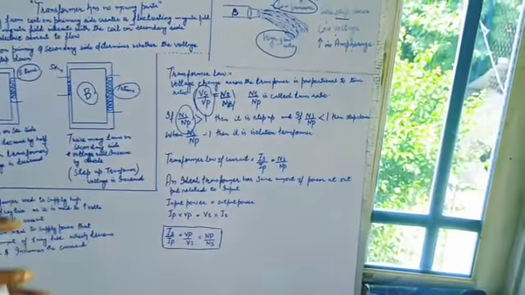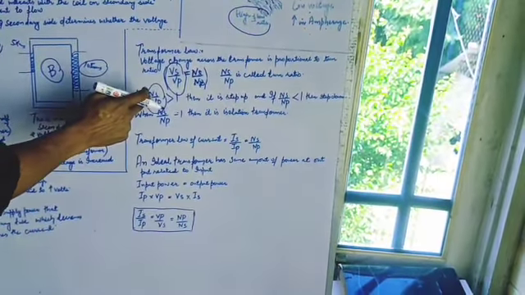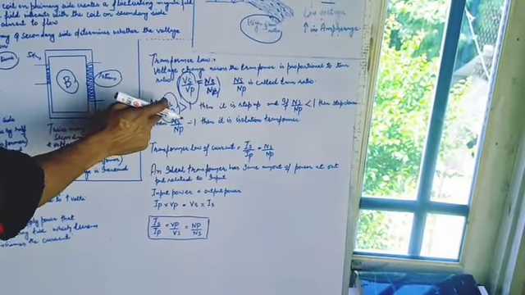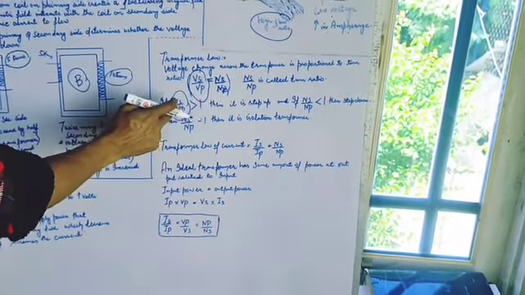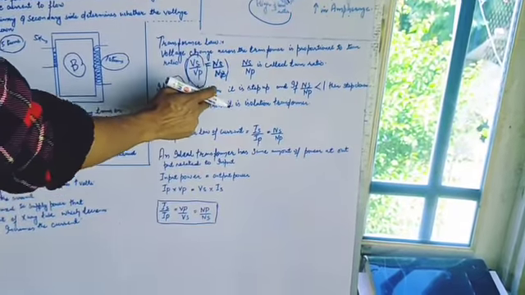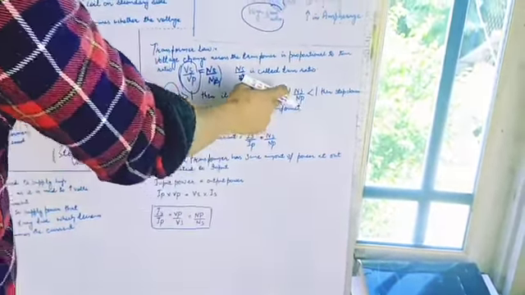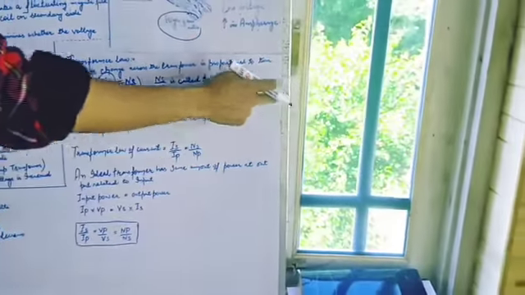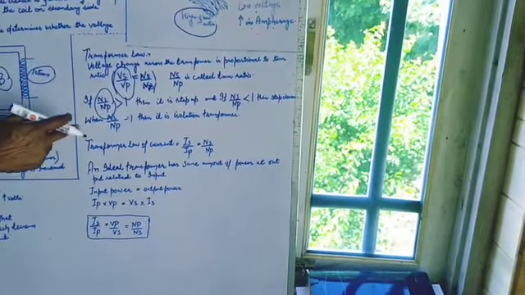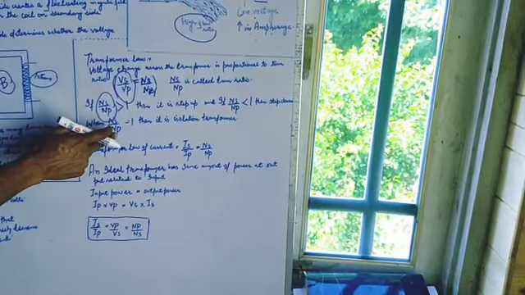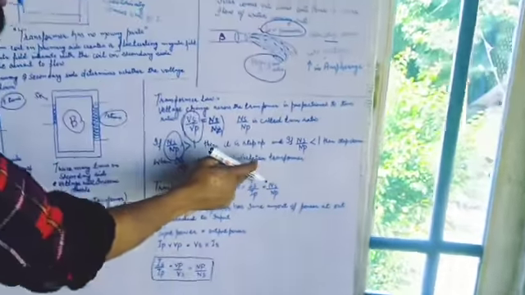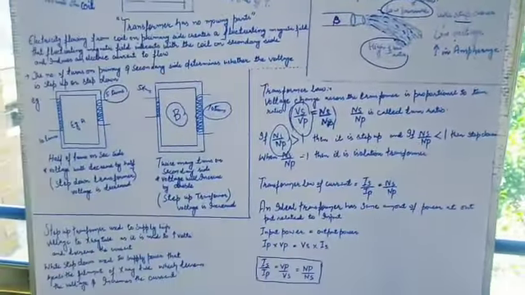Very important to know this. If the turn ratio is less than 1, then it is a step down transformer. And when the turn ratio is equal to 1, then it is an isolation transformer.